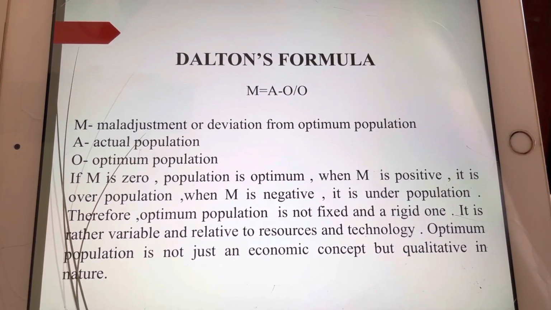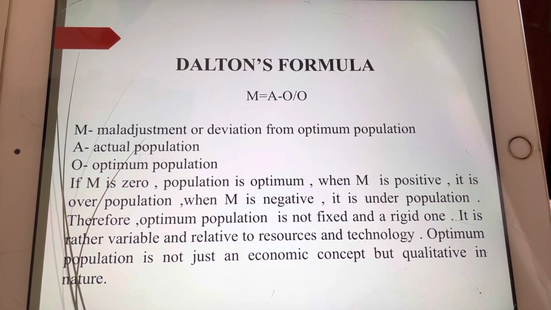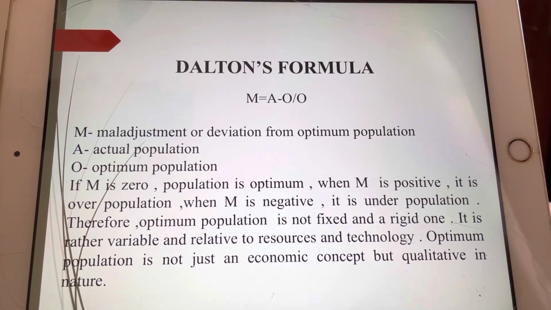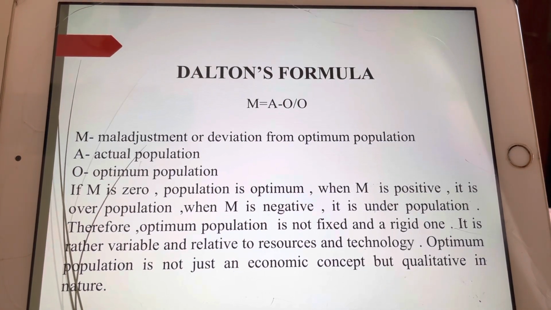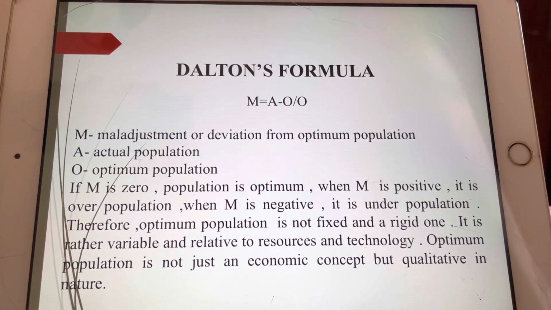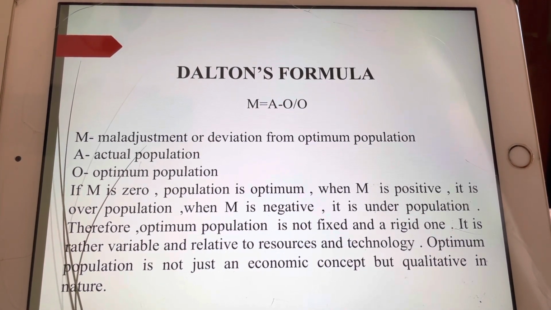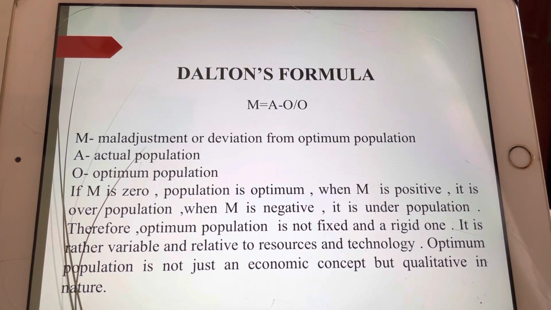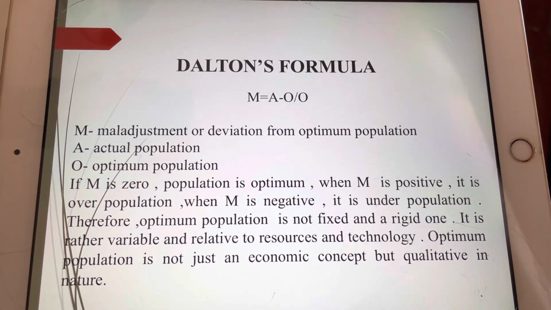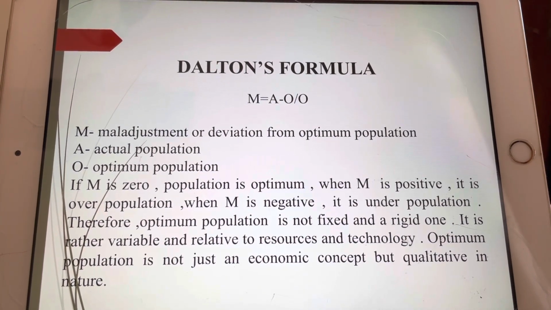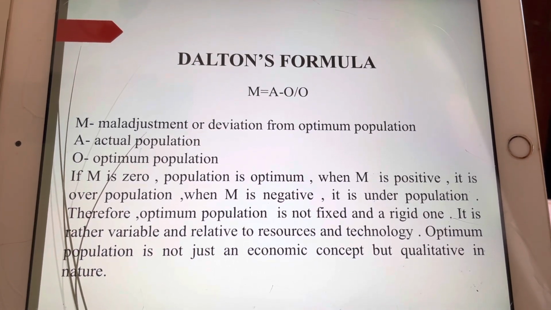The conclusion from this formula is that the optimum population changes with the position of M: if it becomes positive, it is overpopulation, and if it becomes negative, it is underpopulation.